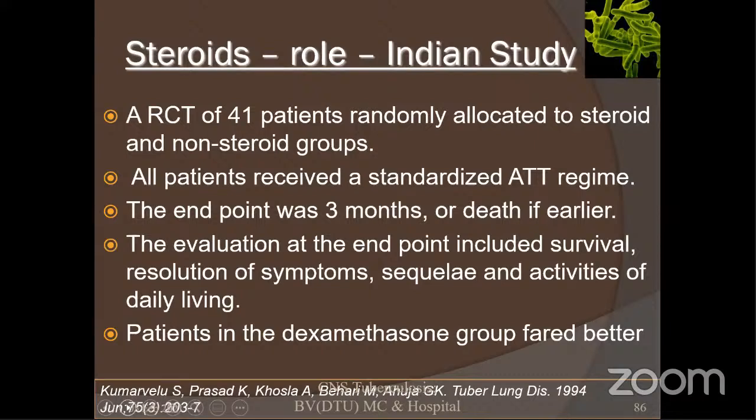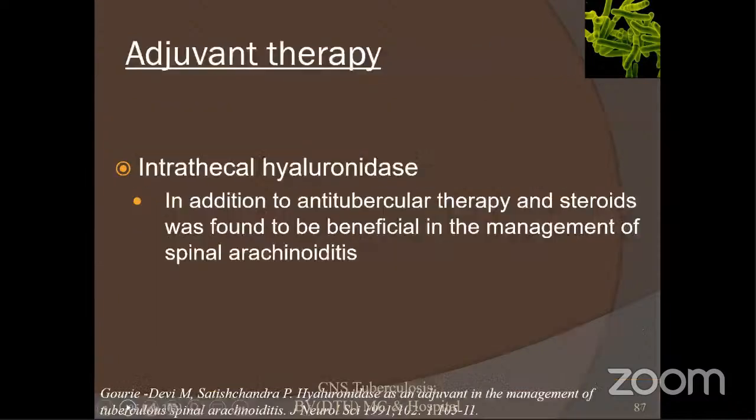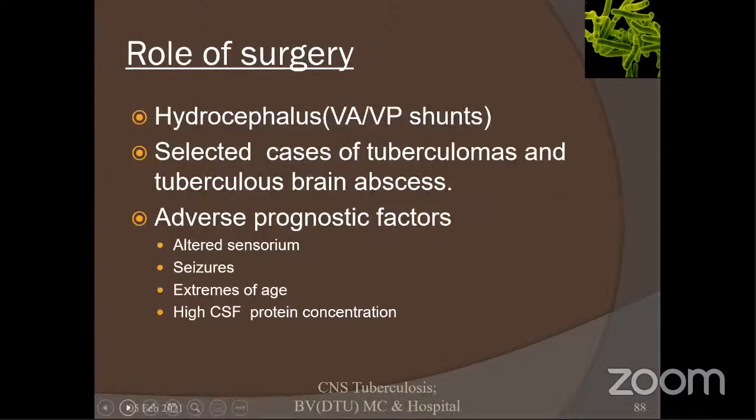Patients in the dexamethasone group fared much better than the other group. Intrathecal hyaluronidase is used whenever you have arachnoiditis. In addition to anti-tubercular therapy and steroids, it was found to be effective in the management of spinal arachnoiditis by Dr. Gauri Devi et al. And so, a role of surgery: hydrocephalus, we need to do ventriculoperitoneal shunts.